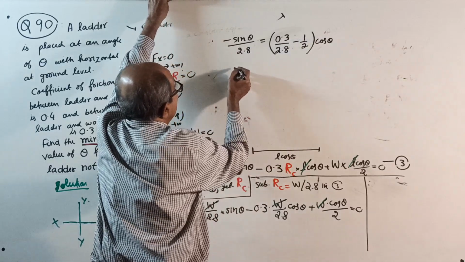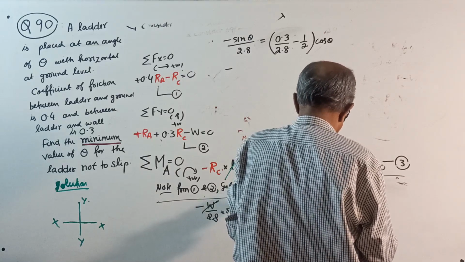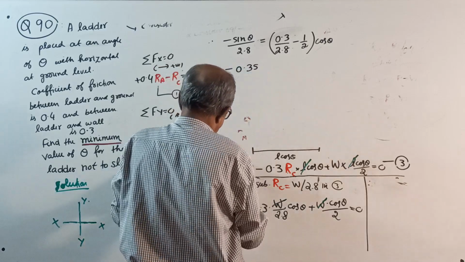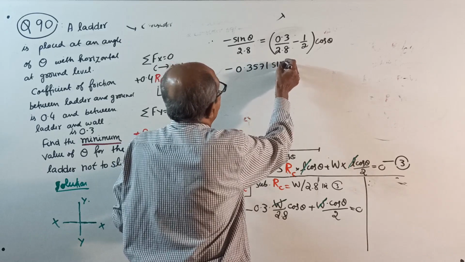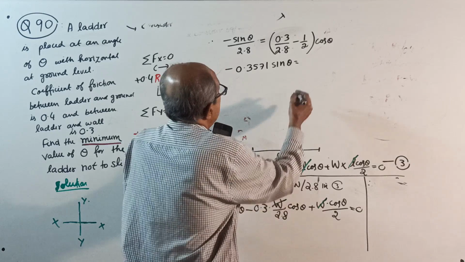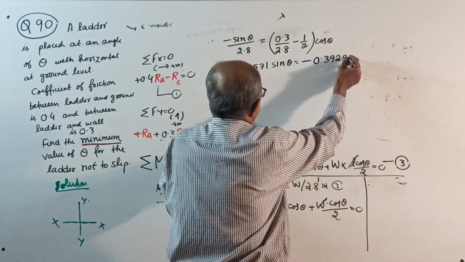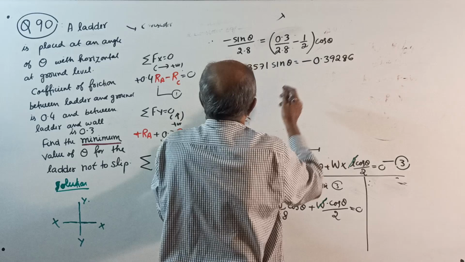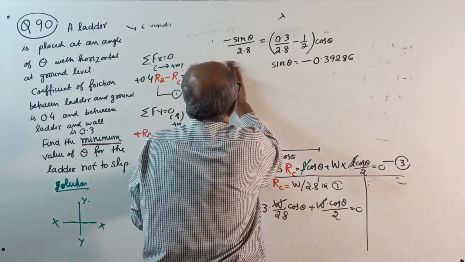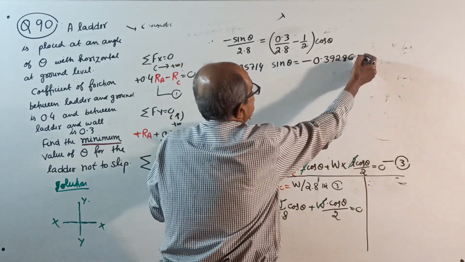Now go for decimals. The reciprocal of 2.8 is 0.35714, and 0.3 divided by 2.8 minus 0.5 is minus 0.39286. So minus 0.35714 sin theta equals minus this much into cos theta.